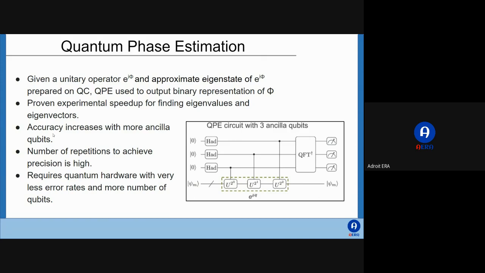It is computationally expensive. So the limitation for VQE is that it's not applicable for higher order electronic structure problems. It's limited to a particular number of electrons. For example, you cannot go beyond 30. You can go, but the accuracy that you will get will be very, very low.